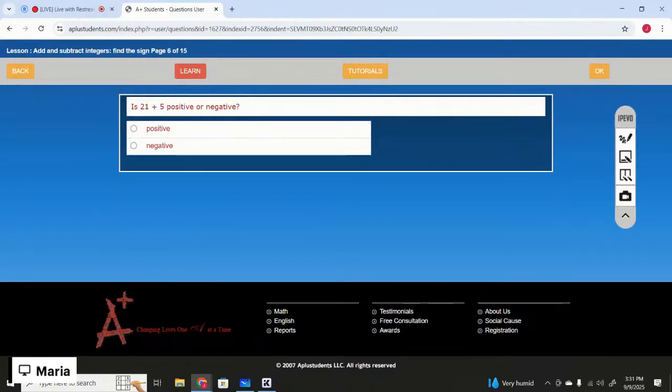Is 21 plus 5 positive or negative? Positive it is. Option number 1 is the correct option.